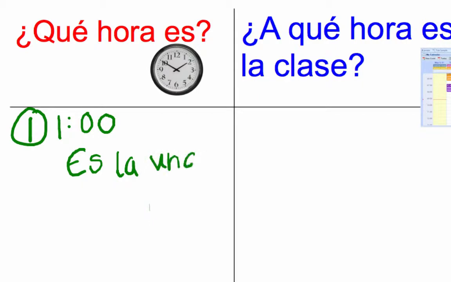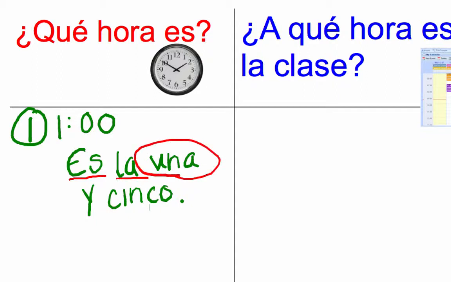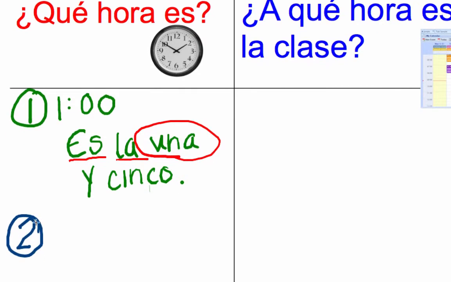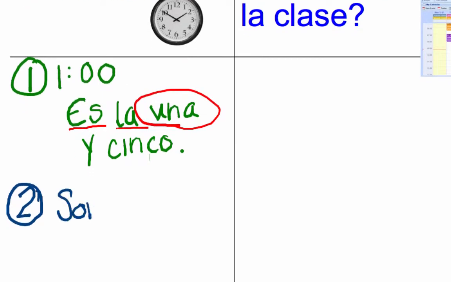Okay, and then if you have extra information to add in, like y cinco, 1:05, you can. So the only time that you can use es la is when una is there. Very, very important. The other way that you can answer this question is son las.